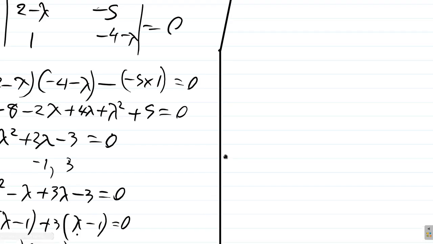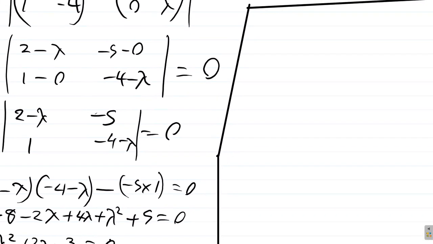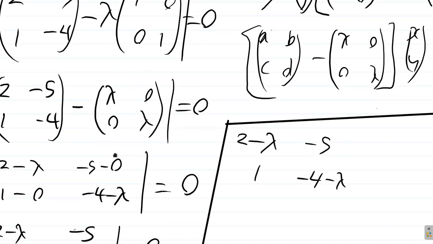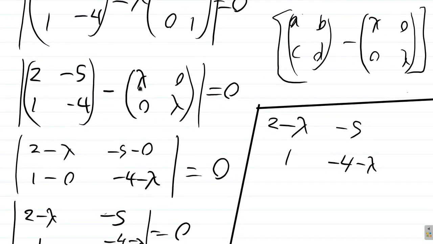So we have 2 minus lambda, negative 5, 1, negative 4 minus lambda. Remember that this is A minus lambda I. When you multiply the lambda by the 1, 0, 0, 1, you get this.